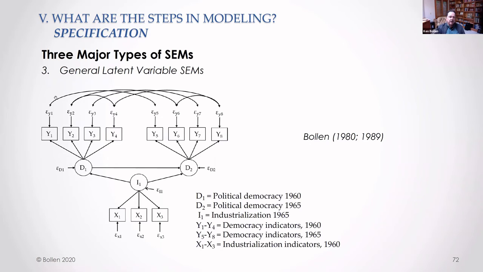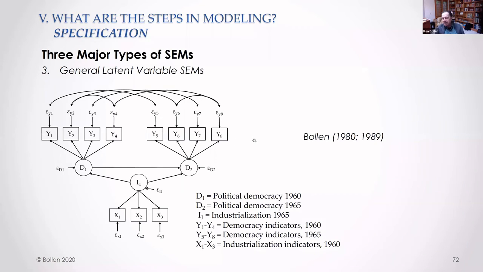So what is going on with these curved 2-headed arrows for the democracy indicators is that since Y1 is the same as Y5, if there's some error in Y1, it's likely to be associated with the error in Y5. So I want to control for that. That same type of argument holds for the errors in Y2, 3, and 4 with their corresponding Y6, 7, and 8.